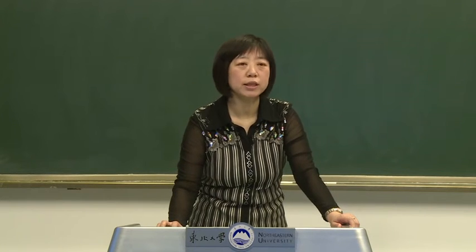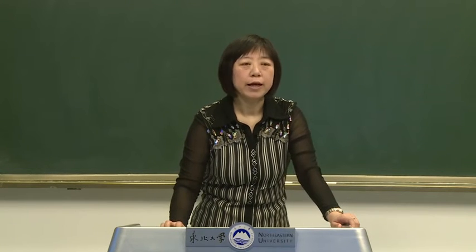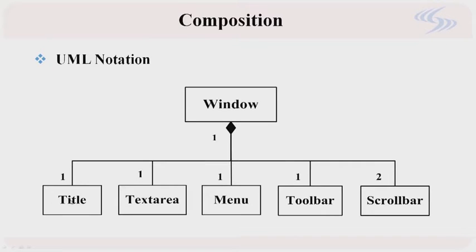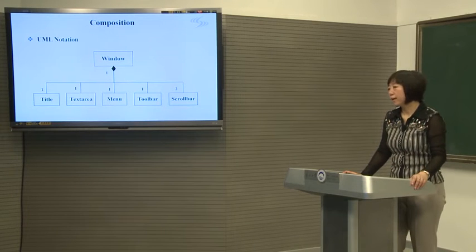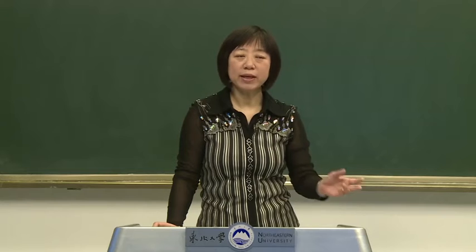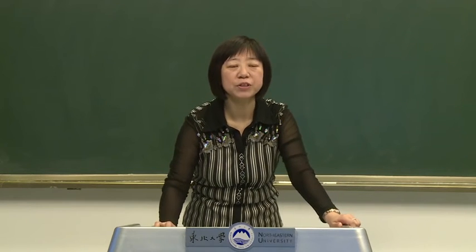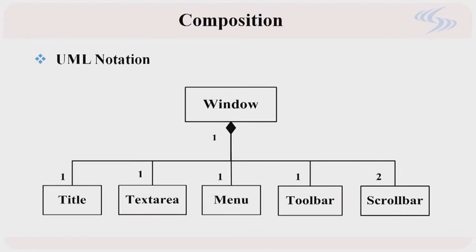This is the example of window. So how is it composed? It is composed of one title, one text area, one menu, one toolbar, and two scroll bars. So surely this is another example for aggregation. But to be more exact, it should be called composition. Maybe you will notice that the notation for aggregation is different between these two diagrams.